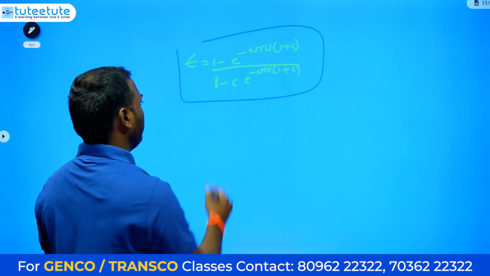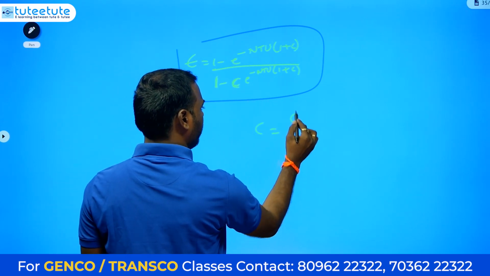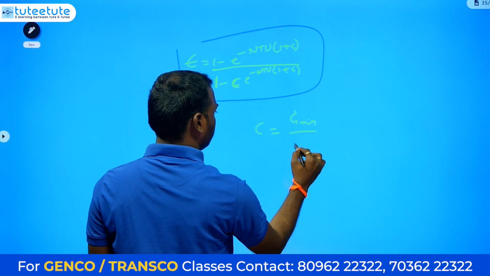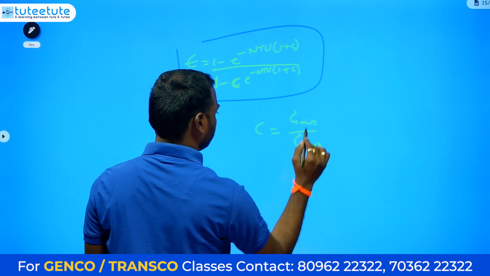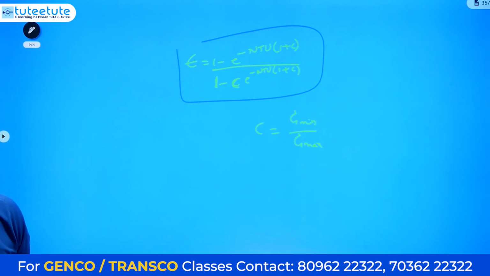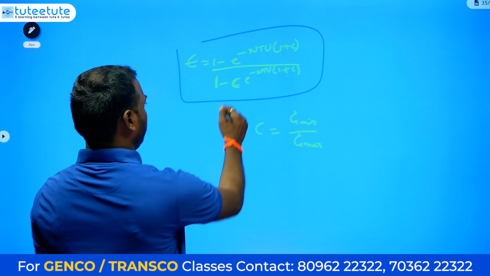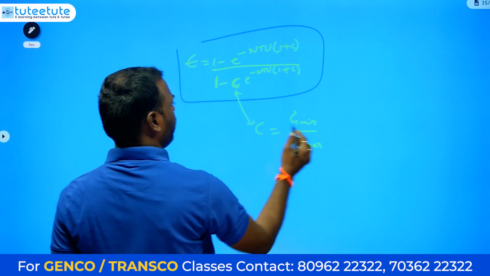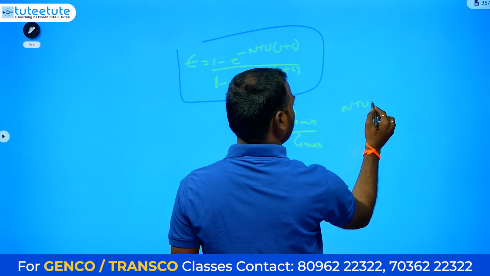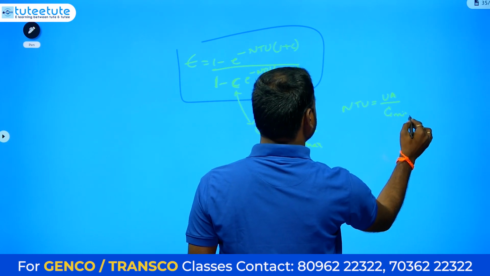Here C is the ratio of C minimum to C maximum. We call C minimum to C maximum as C. NTU is nothing but UA by C minimum, or AU by C minimum generally.